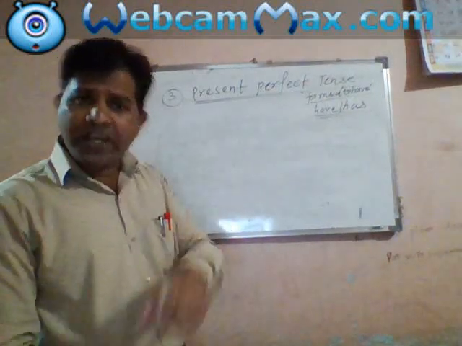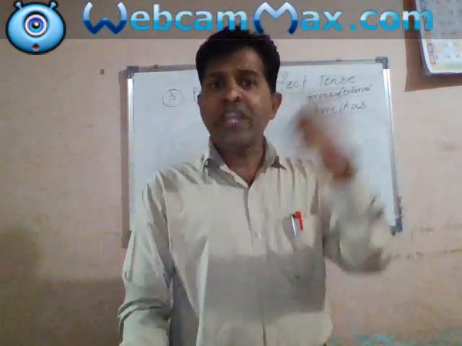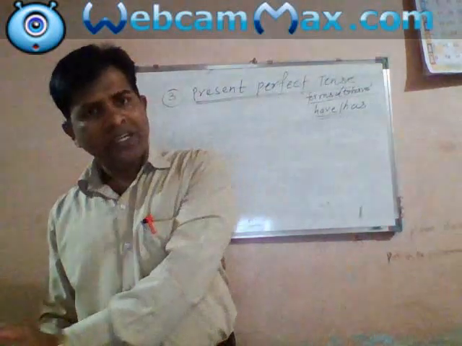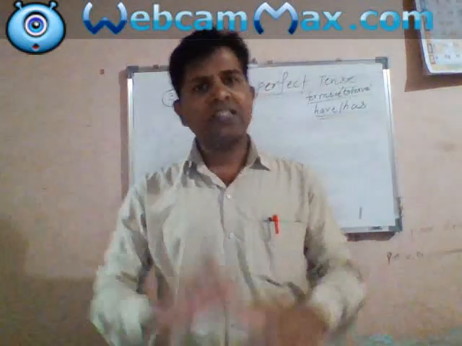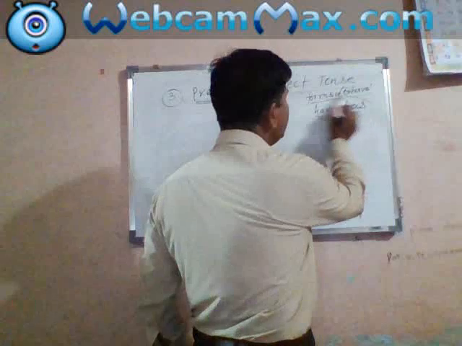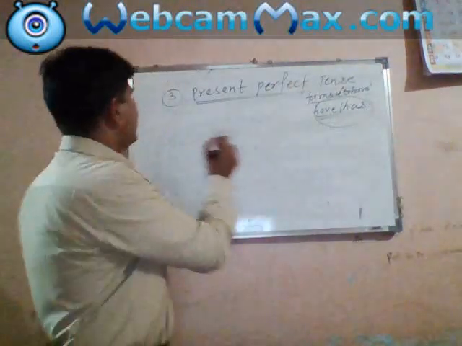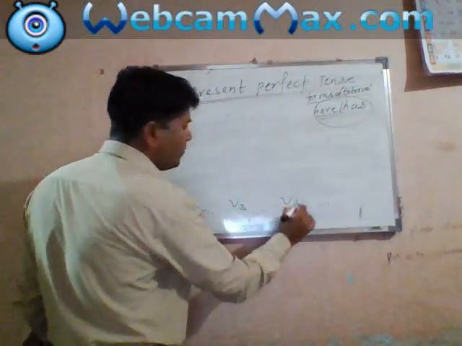These forms of to have we use in present perfect tense. And now let me repeat it verbally. We use I have, we have, you have, he has, she has, it has, they have. So we use forms of to have. For your understanding, V1, V2, V3, V4.